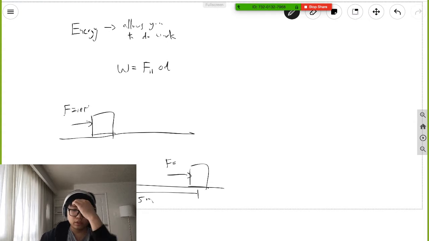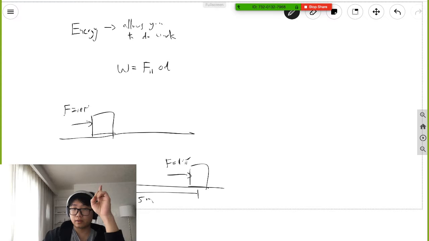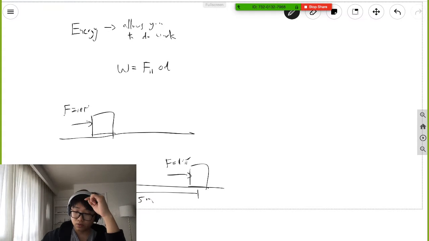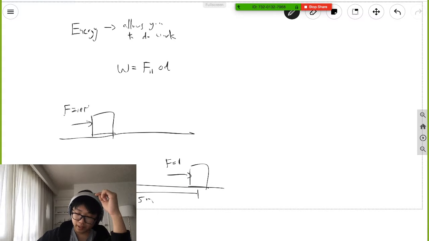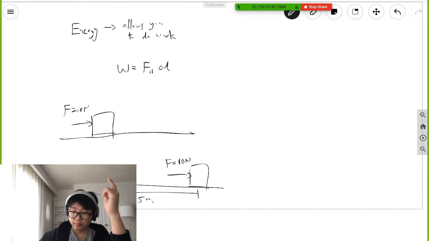And let's figure out what the unit is. What's the unit of force? Oh yeah, well, work is going to be joules, but we have a different unit right now. If we just investigate what we multiplied just now, we multiplied a Newton by a meter. So work can have two units.